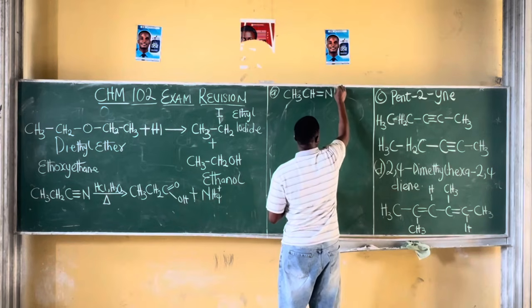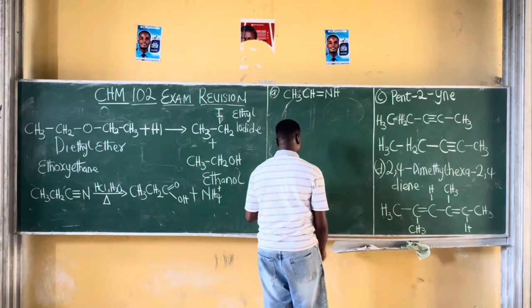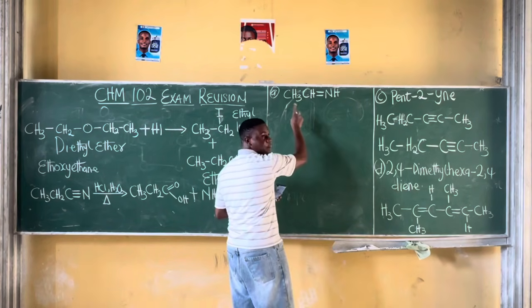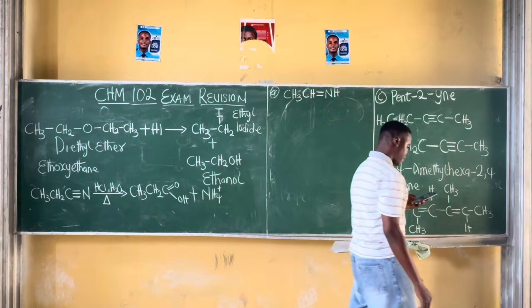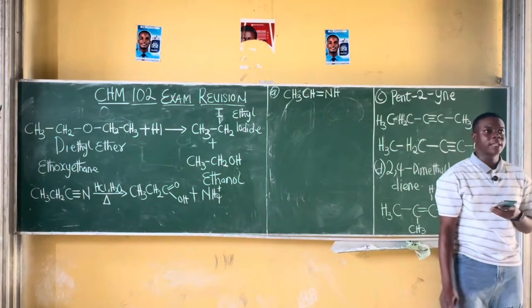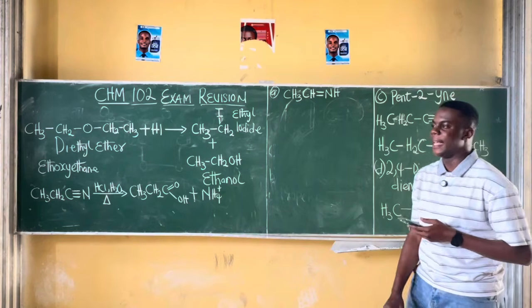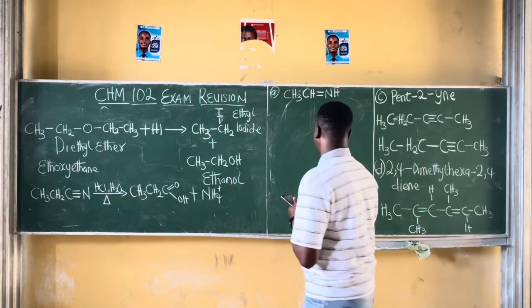Then NH. If it's a double bond, then this is what's meant to be there. So the first one there is called ethanimine. So I'll write it on the board.